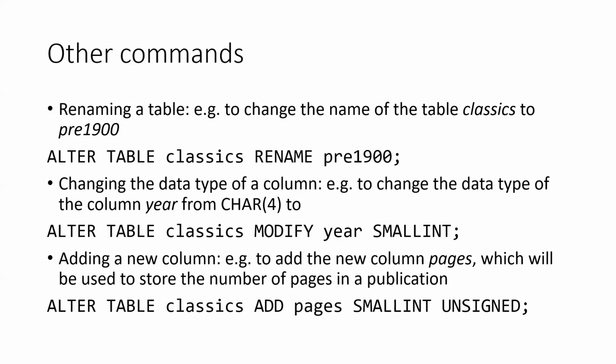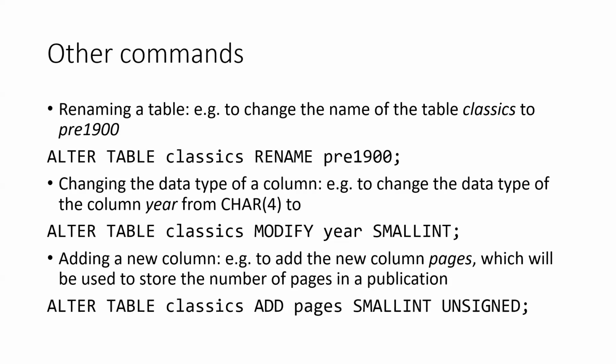Similar to that, let's say we want to change a particular data type. Let's say here we had 4 characters, char4. Let's say we want to go with small int. So the modification is again alter table classics modify. And this time when you say modify, we specify the attribute together with its data type.